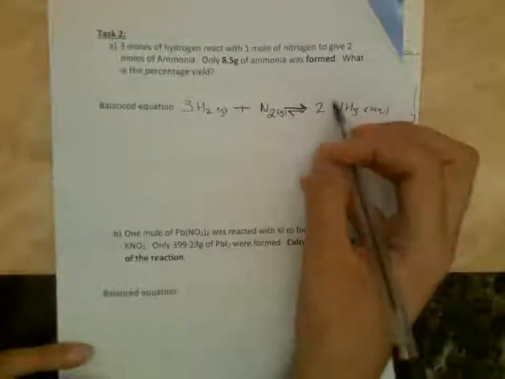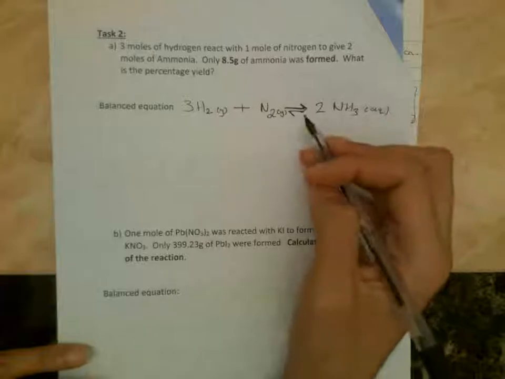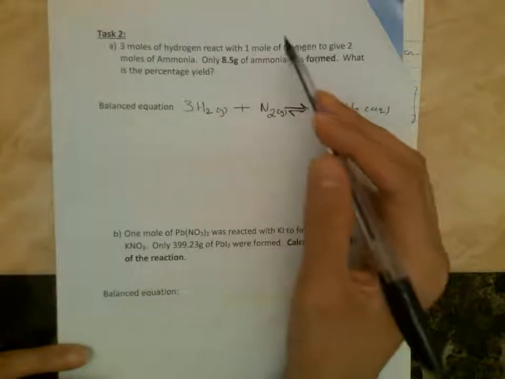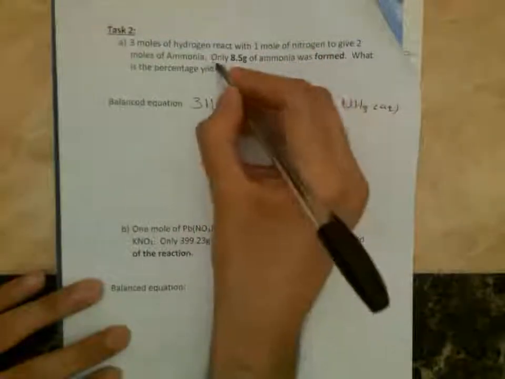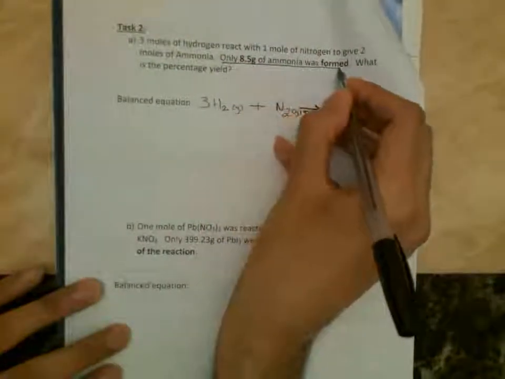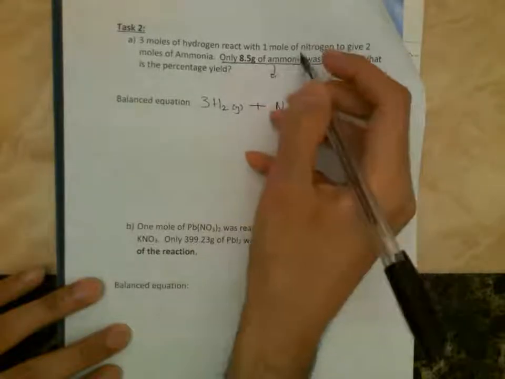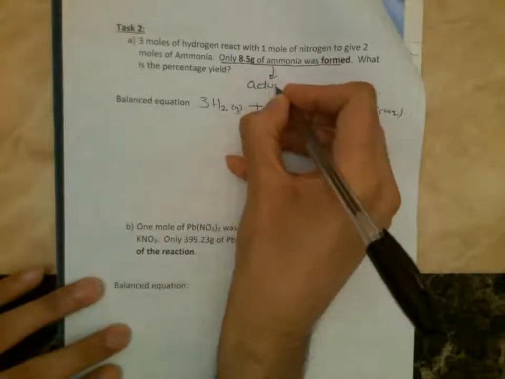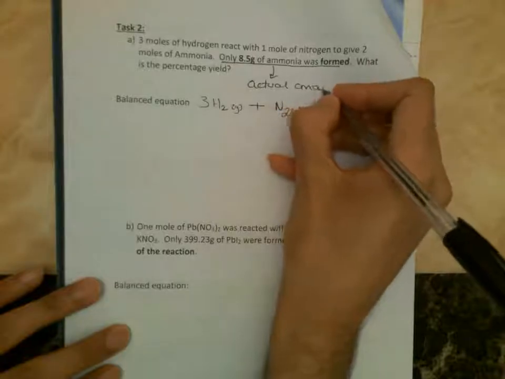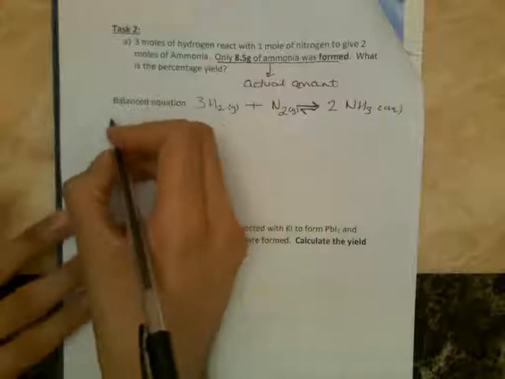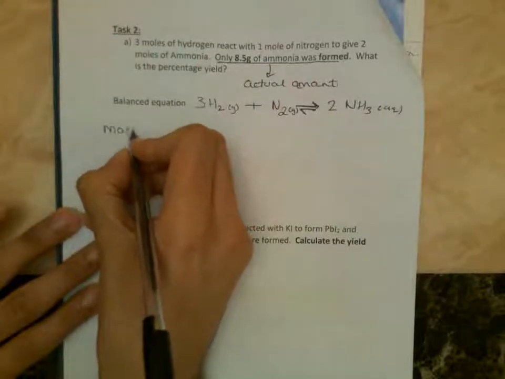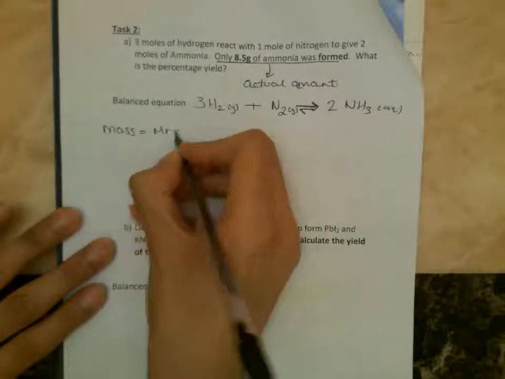Okay, now let's have a look at this. So percentage yield. We've been told that only 8.5 grams was formed, and from that we can take that this is the actual amount. So it's the actual amount that we made. But if we're going to calculate the mass of ammonia, we need to use mass equals the Mr times the moles.